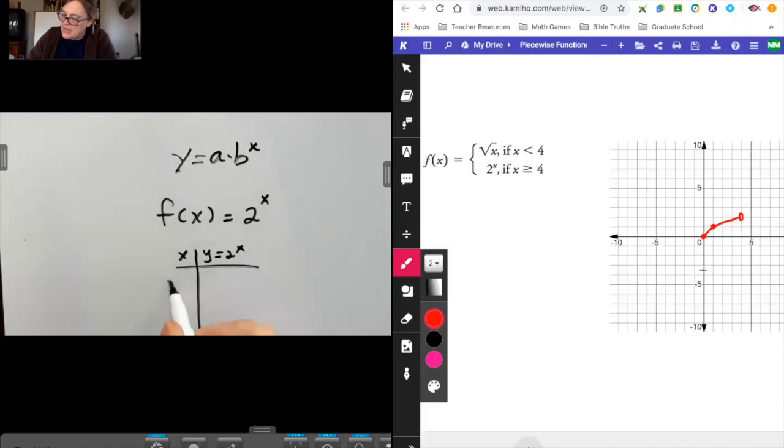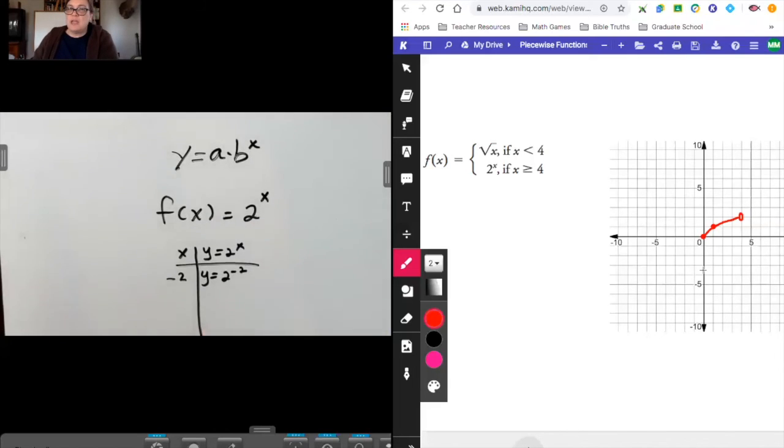So if we say negative 2, we have y equals 2 to the negative 2. It's very important that you are taking care of negative exponents. How do I take care of a negative exponent? Well, this is in the numerator. So if I put it into the denominator, it changes the sign of the exponent. The negative 2 becomes a positive 2. And now I can evaluate it.